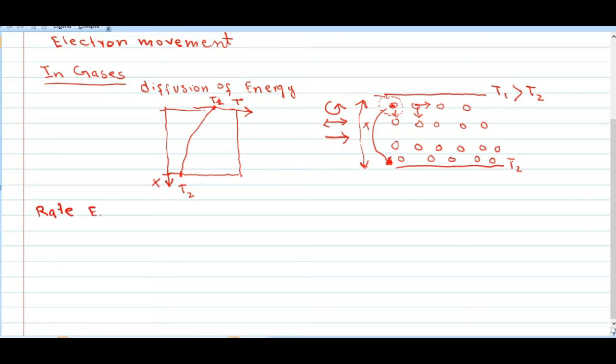The rate equation for conduction is the equation presented by Fourier, also called Fourier's law.